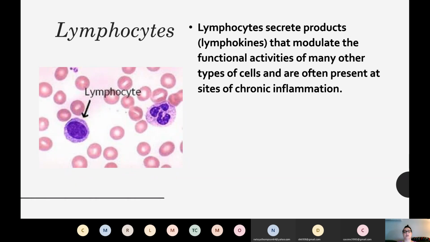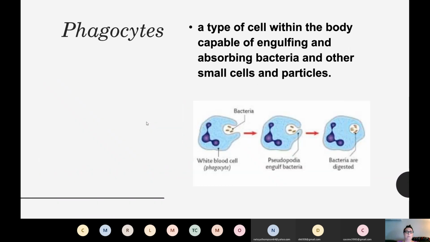So if a doctor's looking at a slide of blood and we see a large level of lymphocytes, that lets us know we probably have some chronic inflammation. I'm not so worried if you remember that they secrete lymphokinase or not. But what you need to know is lymphocytes equal inflammation. Okay?